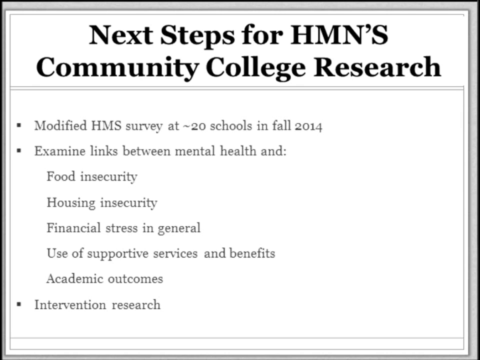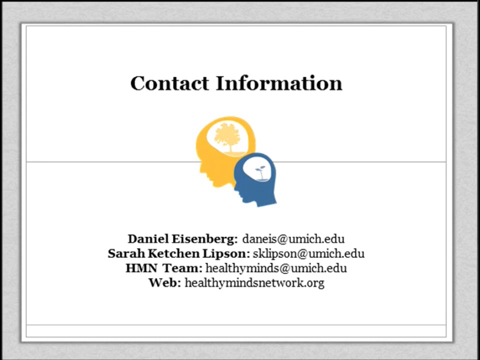As you probably know, the retention rate or the persistence rate in college is already pretty low at four-year schools, and when you look at two-year schools, they're even lower. And we're also hoping to move more into intervention research for these populations, try to actually develop and evaluate programs that could be helpful. Next slide, please.